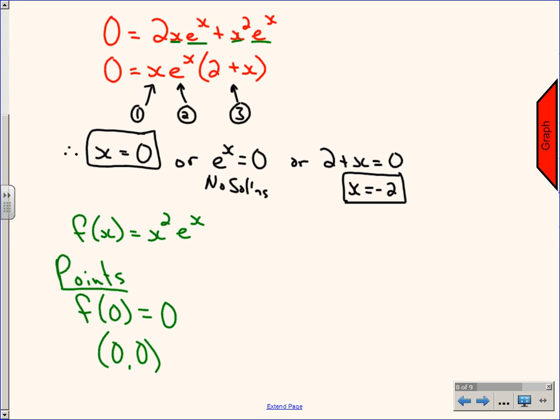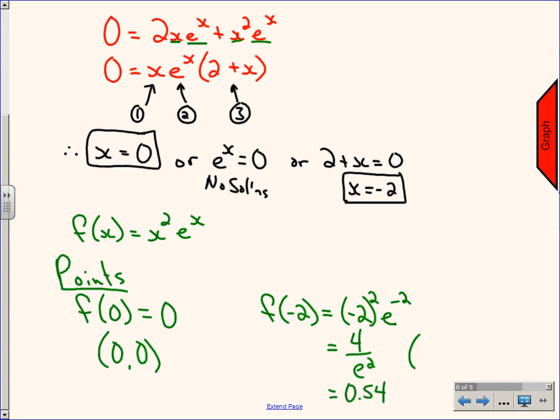And the other one isn't quite as nice. F of minus 2 would be minus 2 squared times e to the minus 2, which would be 4 over e squared. I can plug that in. 4 divided by, it's about 0.54-ish.